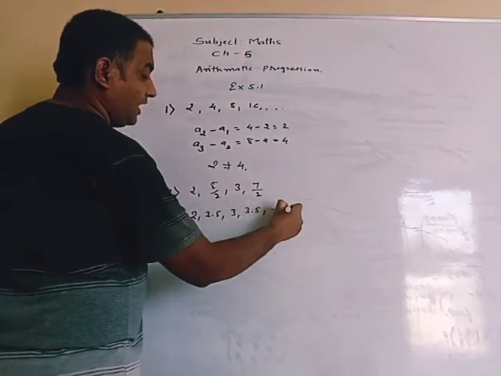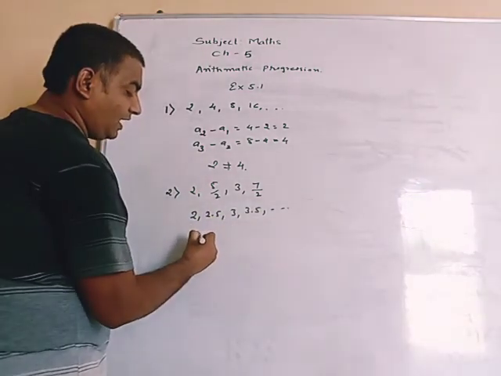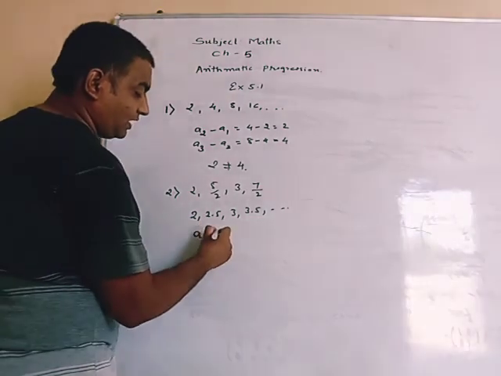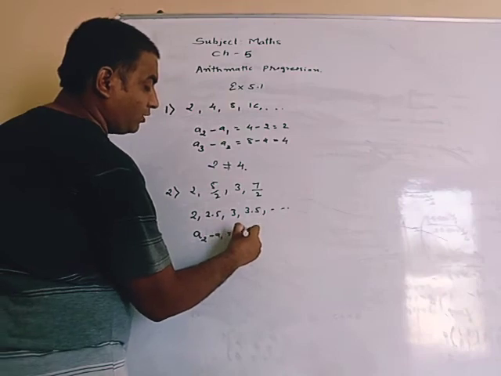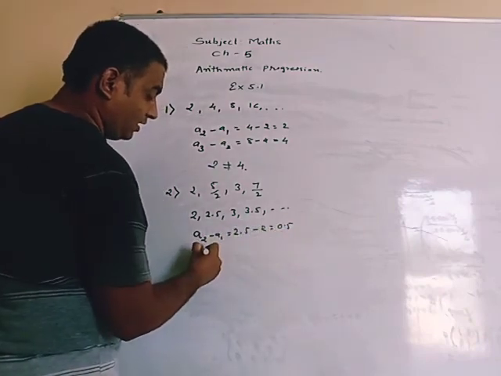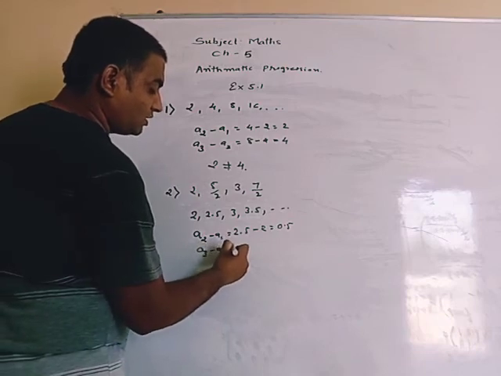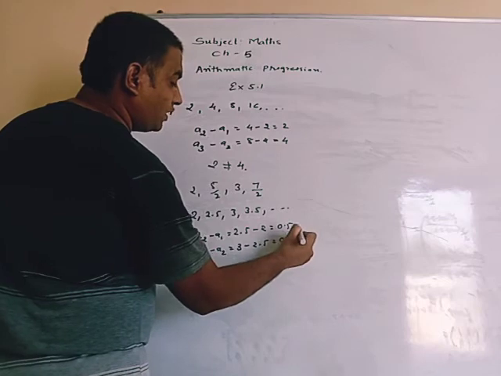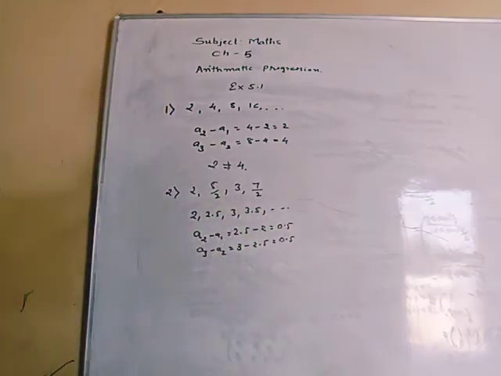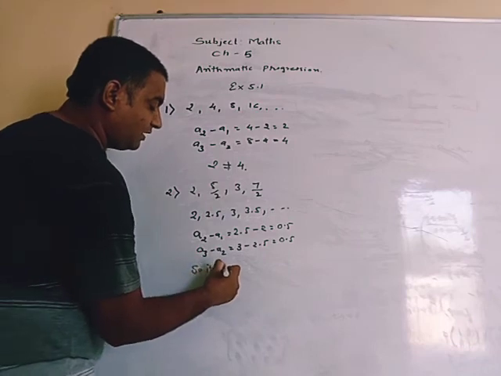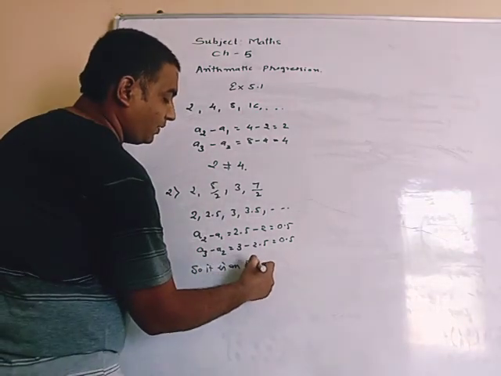Here you can see that A2 minus A1 equals 2.5 minus 2, it will be 0.5. A3 minus A2 equals 3 minus 2.5 equals 0.5. So the difference is equal, so it is an AP.